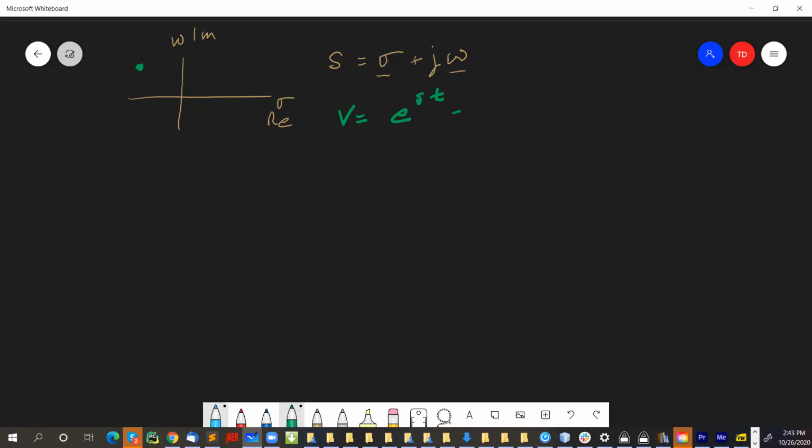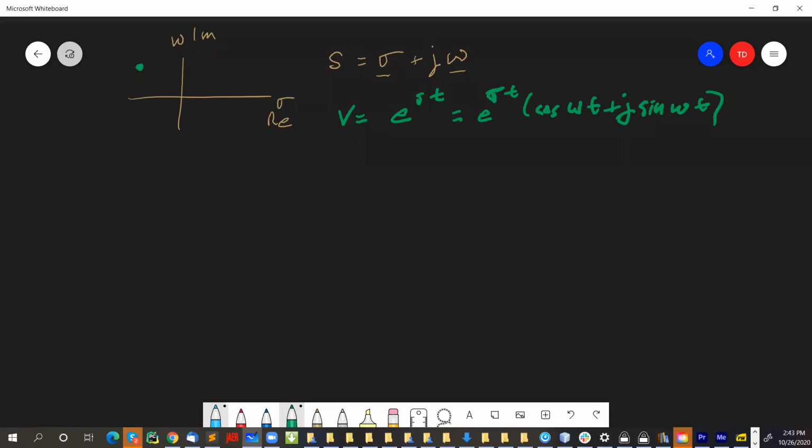Because e to the st is equal to e to the sigma t times the cosine omega t plus j sine omega t. J is the imaginary square root of -1.